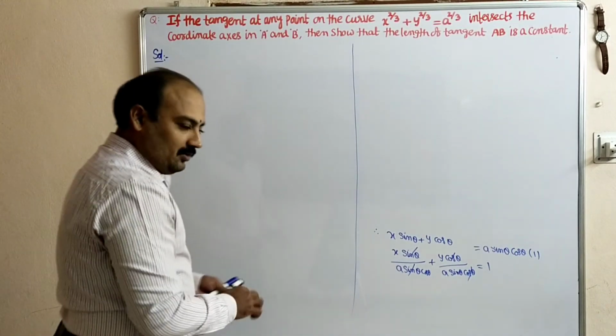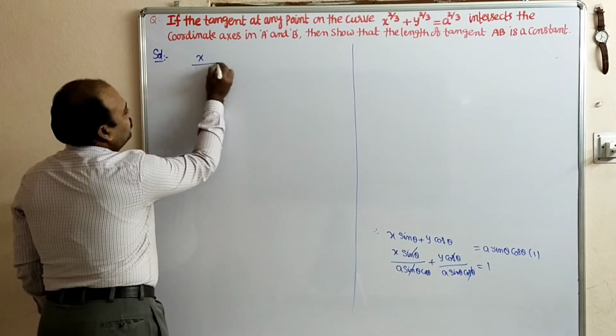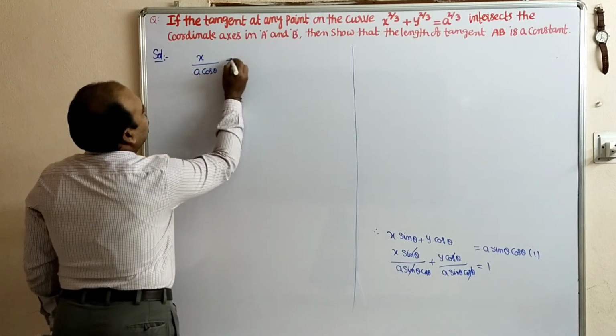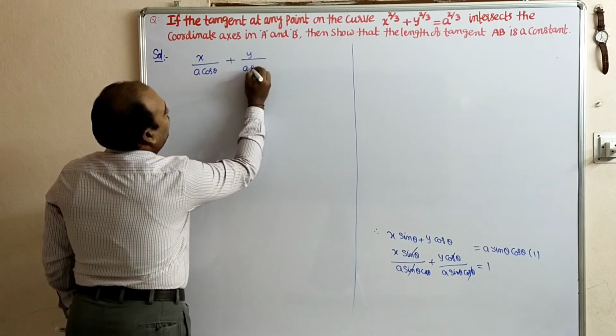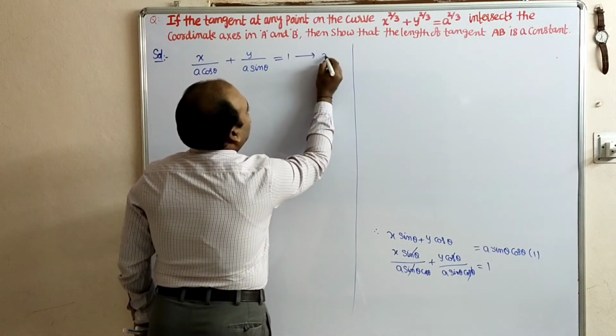We will continue from here. After that, this step becomes x by a cos theta plus y by a sin theta is equal to 1. Equation number 2.